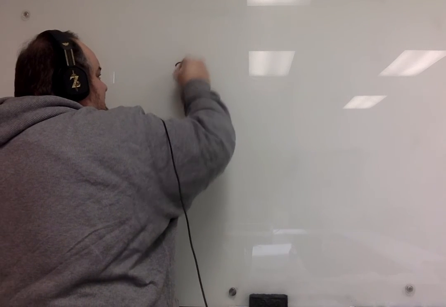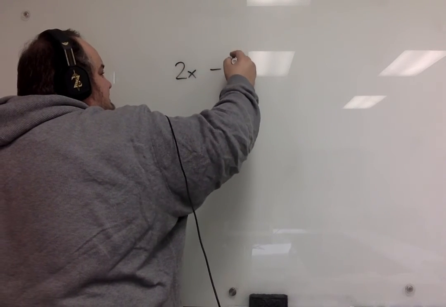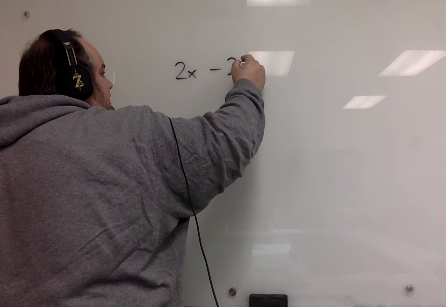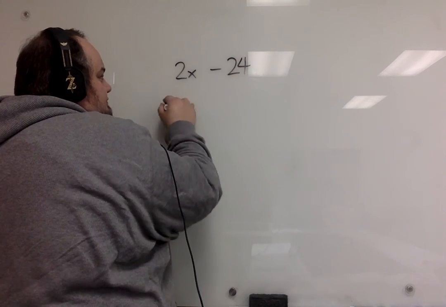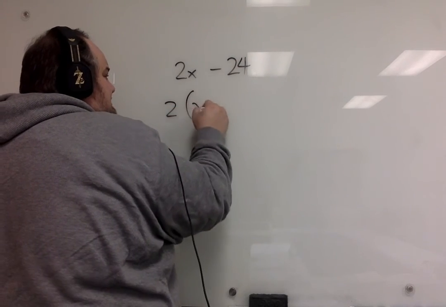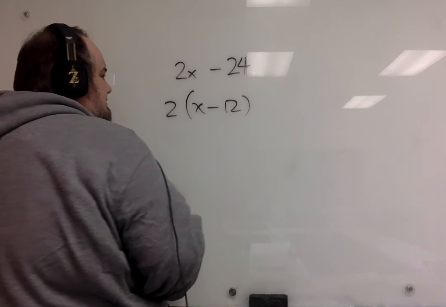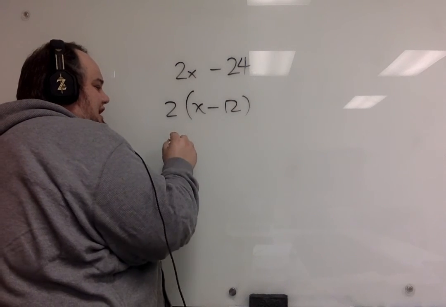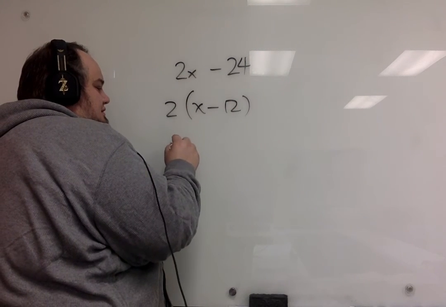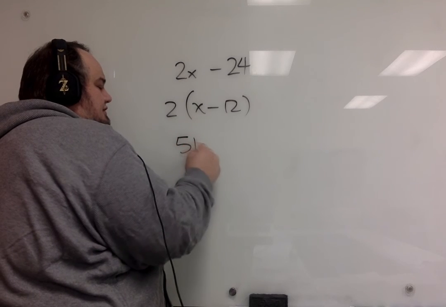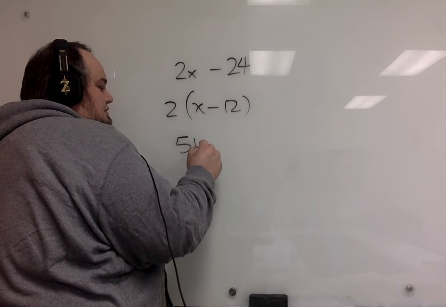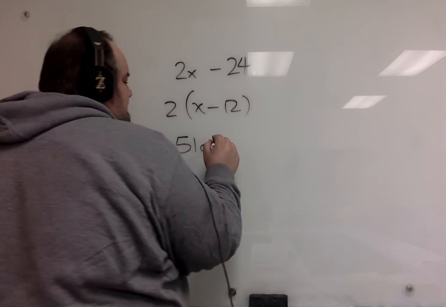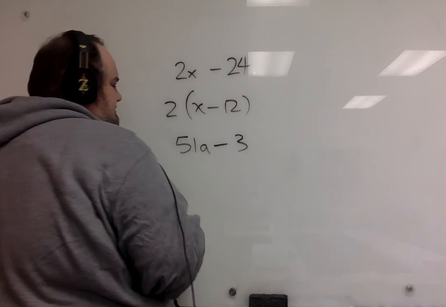So let's say we had 2x minus 24. You can factor out a 2, you get x minus 12. Okay, what about if we had 51a minus 3?